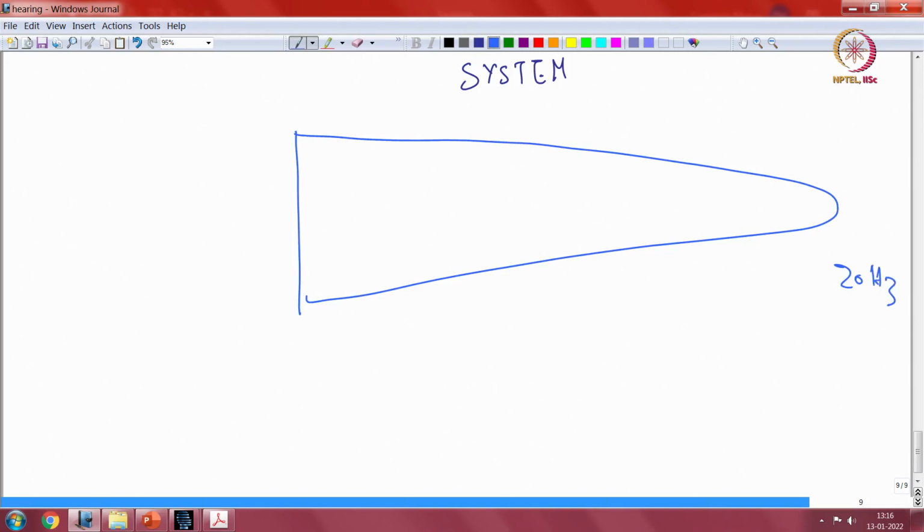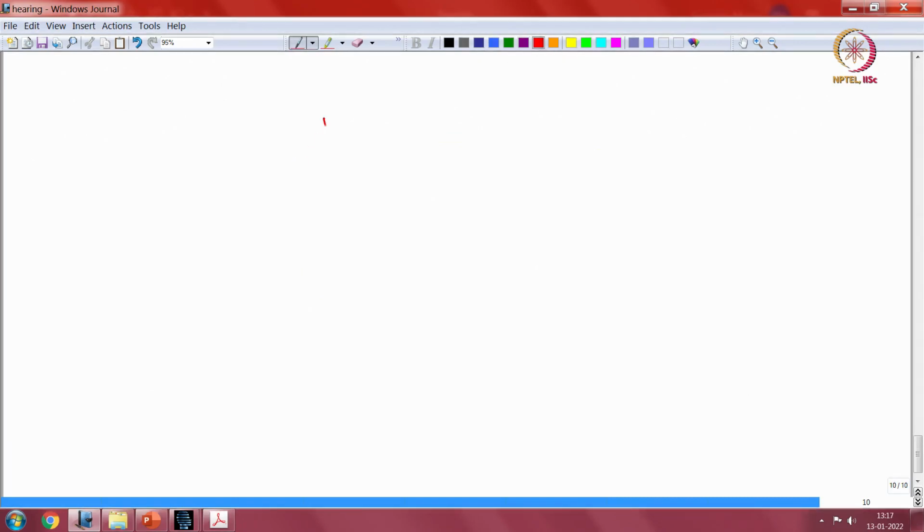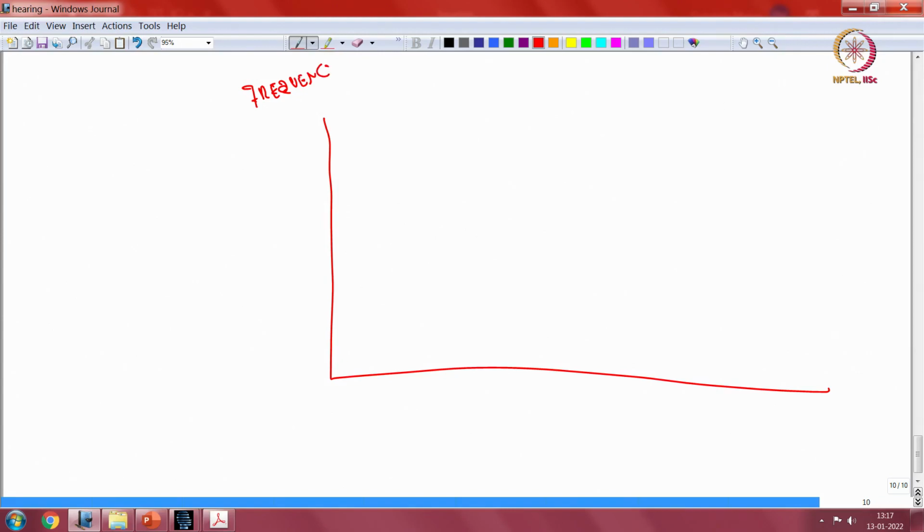So, basilar membrane again, 20 hertz, 20 kilohertz. We plot frequency. I should call it resonating frequency. The part of the membrane resonates to a particular frequency, that is the idea.